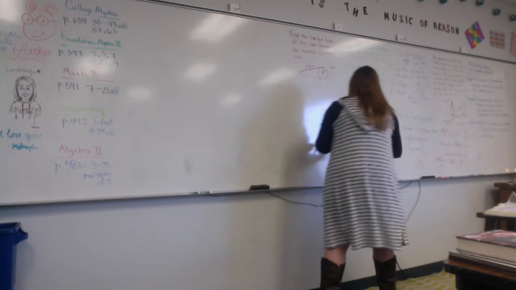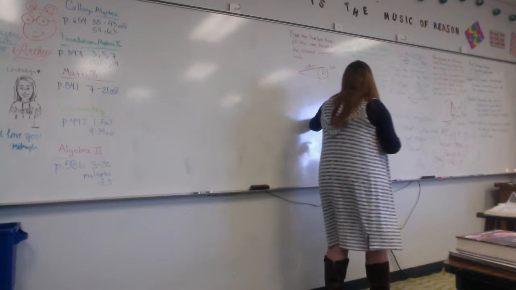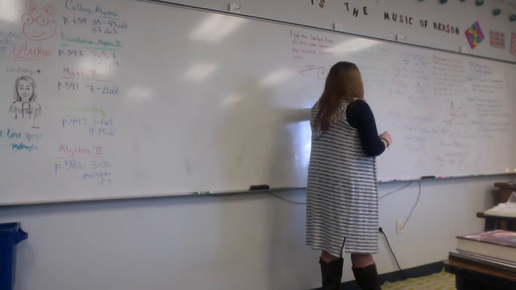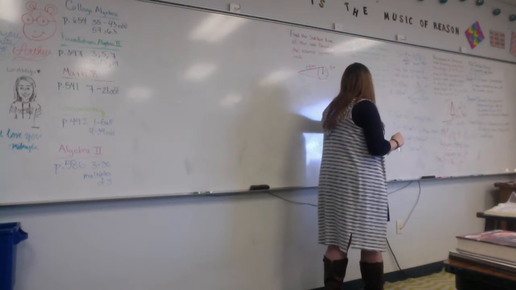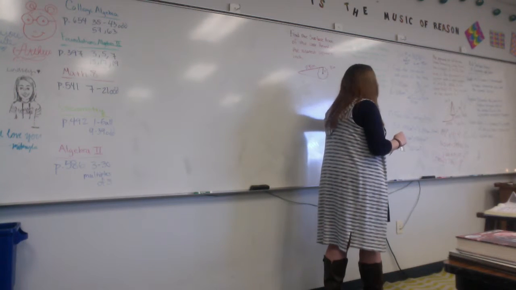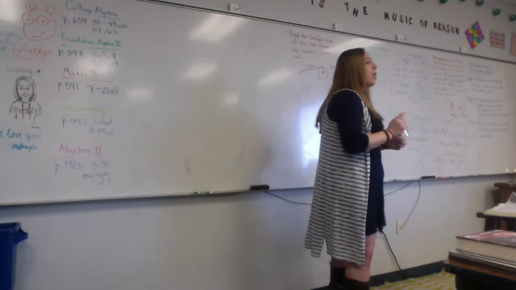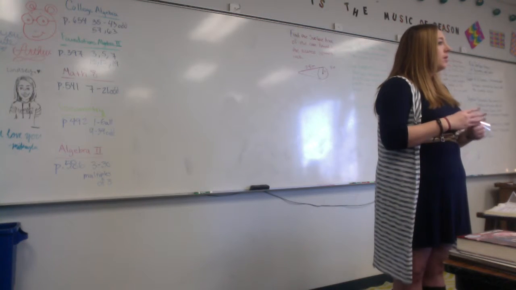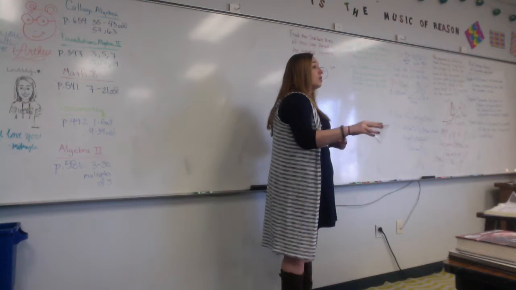Okay. So the formula for surface area for a cone is the surface area equals, once again, what's that big B stand for? The area of the base plus pi times my radius times my slant height. Now, the area of a base of a circle is always what? How do you find the area of a circle? Pi r squared.